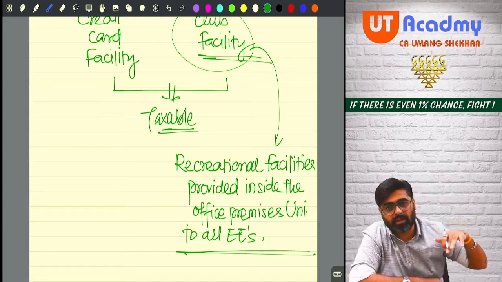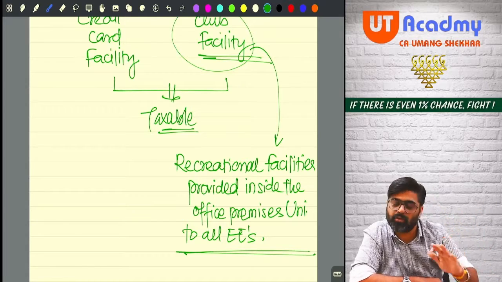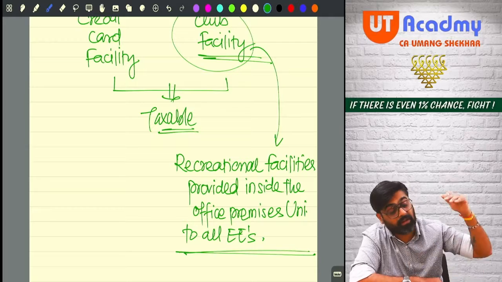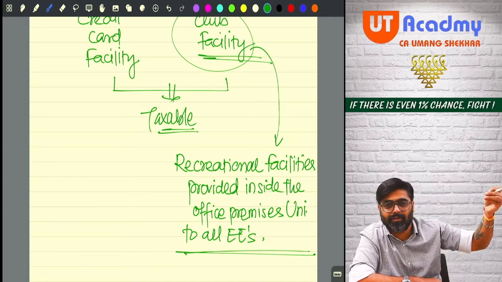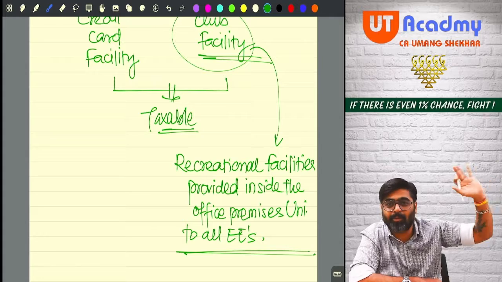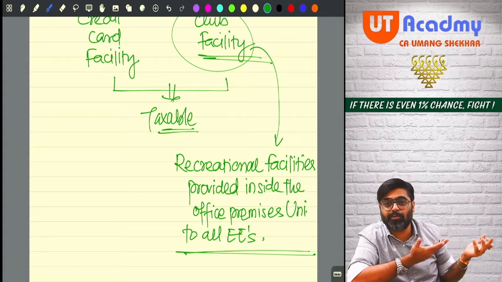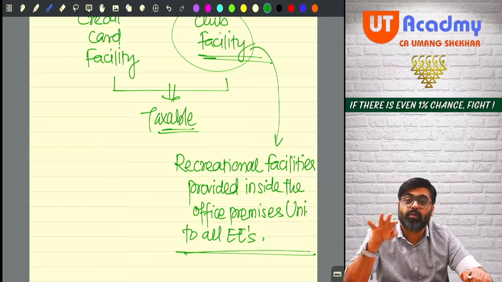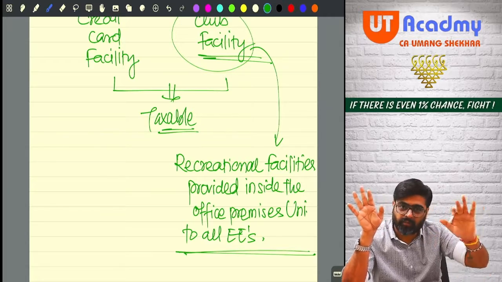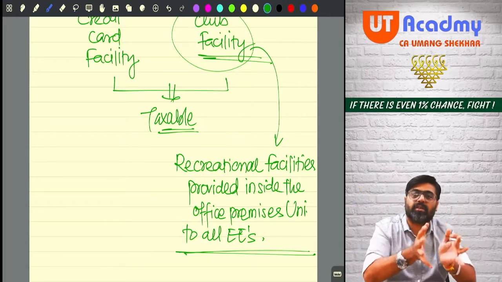If you don't take a bath in the morning while going to the office, no problem. Bring your clothes and everything, and take the bath in the swimming pool only. Too many such benefits are given.